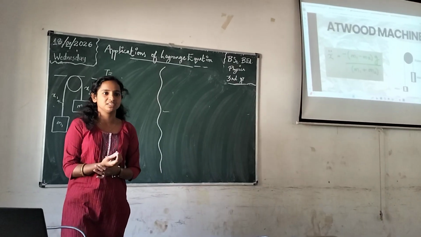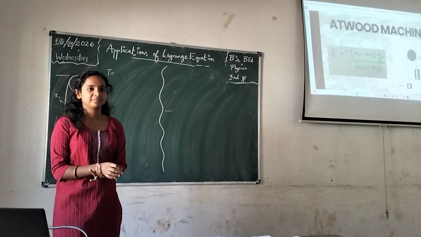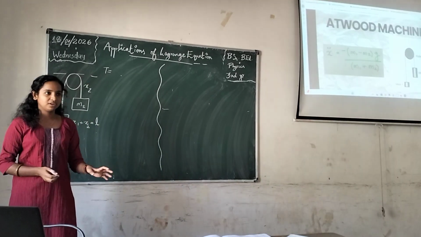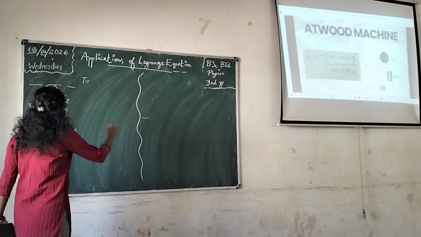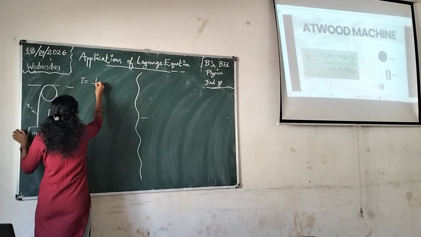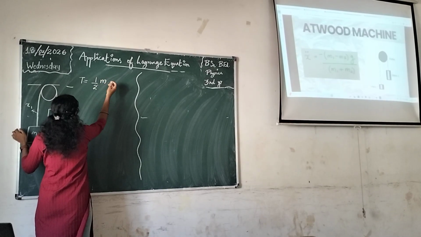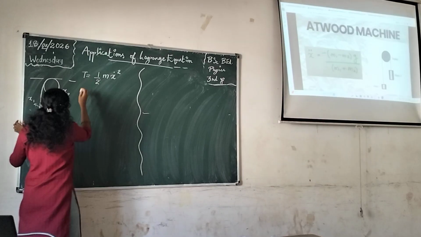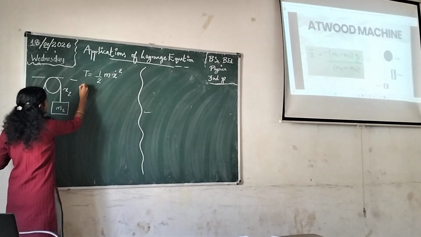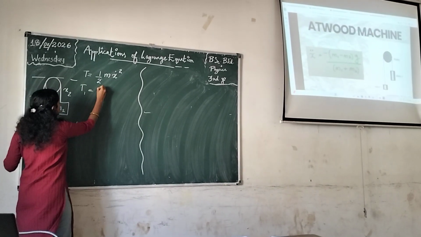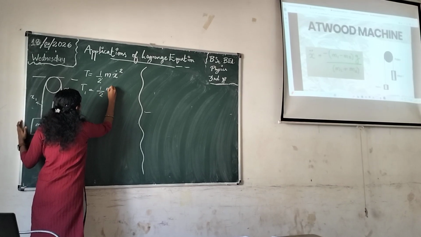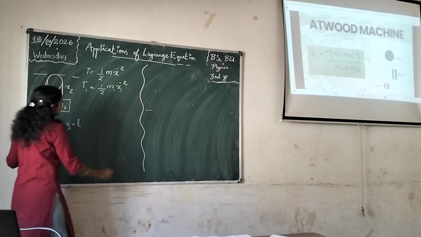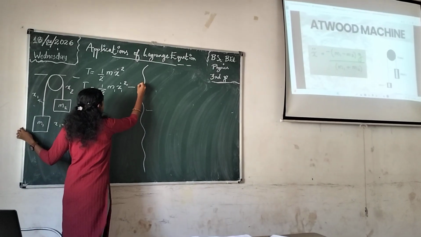It is half m (x1 dot square plus y1 dot square). So here, for the first mass it is m1, so T1 will be equal to half m1 x1 dot square. So this is our T1.